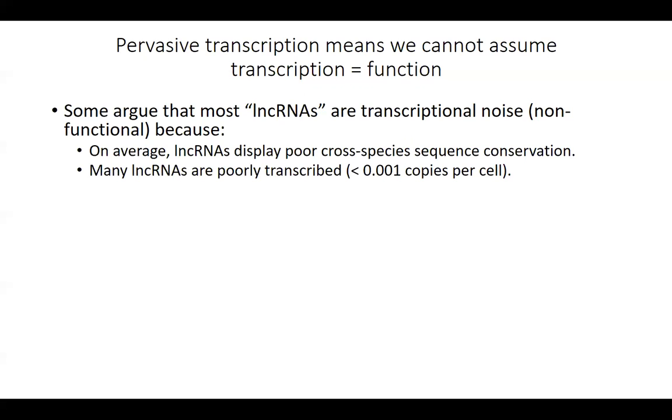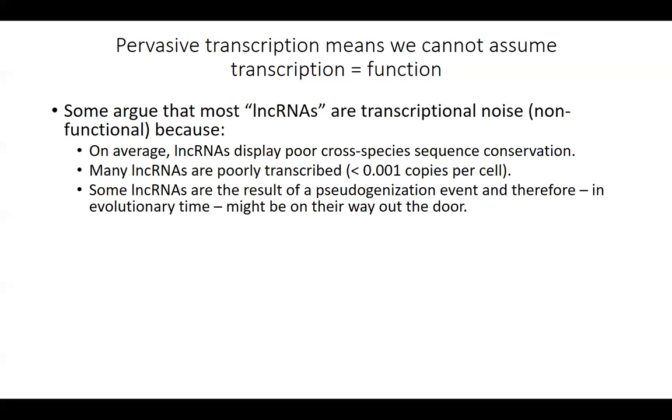They're not transcribed as heavily as many of the other types of RNA, and sometimes they mimic the way that they look in structure to other genes in evolution, maybe a duplication event. And so maybe if we're looking at a blip on evolutionary time, maybe we didn't really mean for that to happen. And if we looked further in evolutionary time, that might be lost in the genome because we didn't really need it.